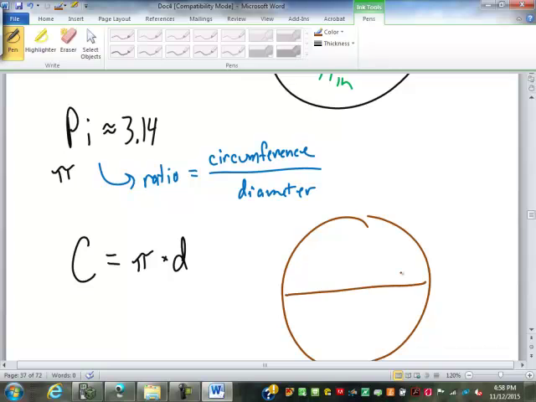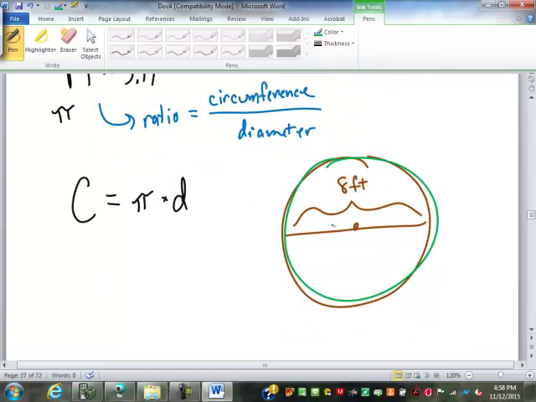So if I have a circle with a diameter of 8 feet, the distance around it, its circumference, is going to be 3.14 times 8, otherwise known as 25.12 feet.